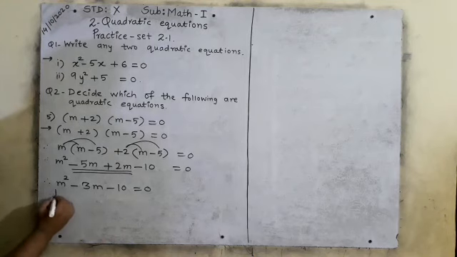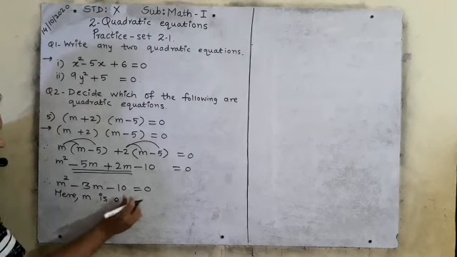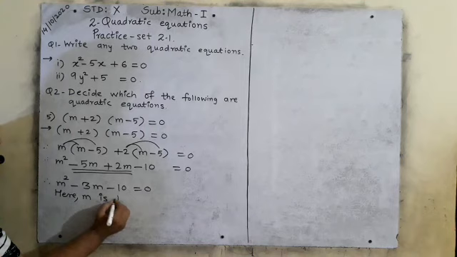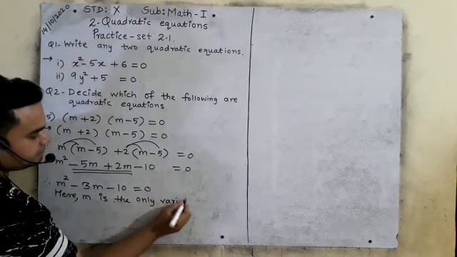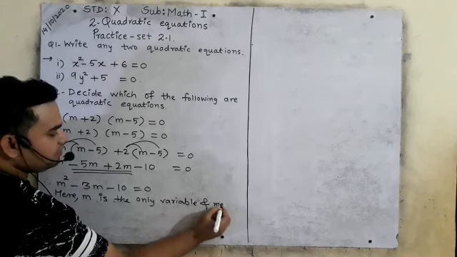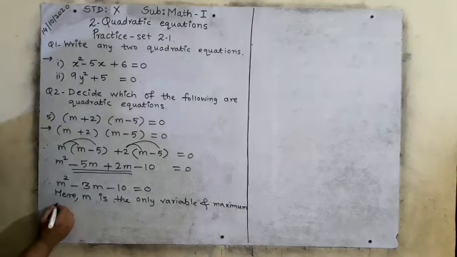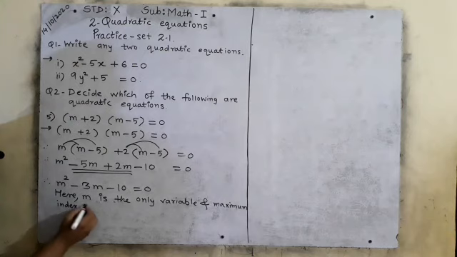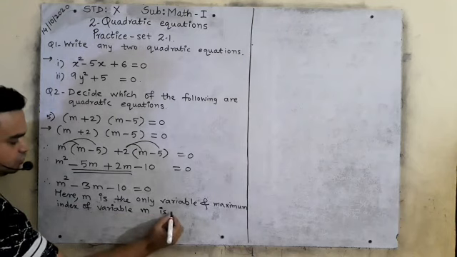Now we have to write here: m is the only variable, and the maximum index of variable m is 2.